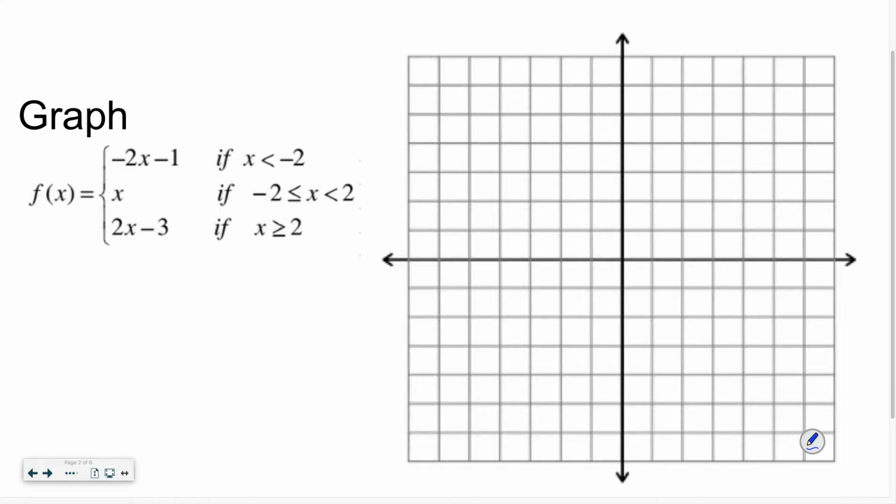So where do we start? Do we know what the line negative 2x minus 1 looks like? Yes, we do. However, we need it to begin at negative 2. So what will be the coordinate on the line when x is negative 2?